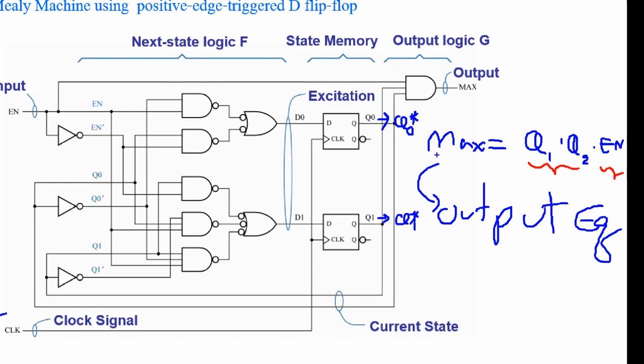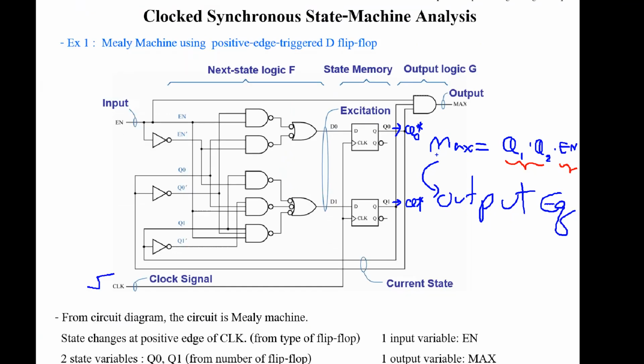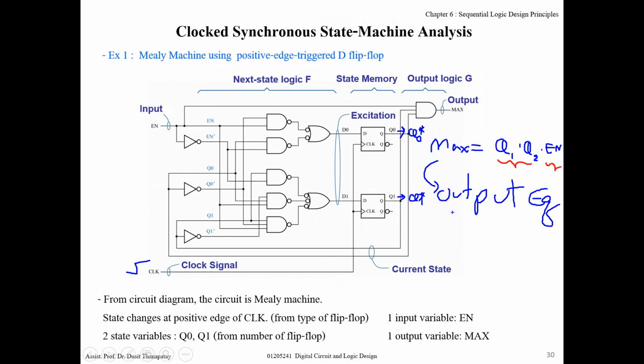When you analyze the circuit, you need to know this. This kind of equation, which shows the next value of a state variable, is called the transition equation.